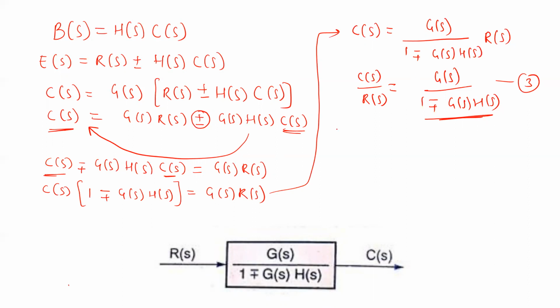The general formula is, as you can see here, GS is the gain of the forward path, HS is the gain of the feedback path, and minus plus.